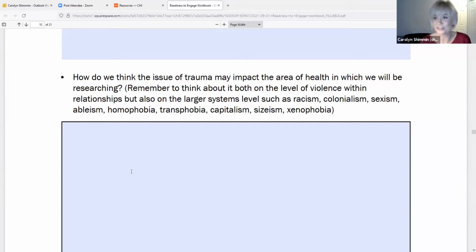Even things like surgical processes and restraints may trigger people. So just be open to the idea of thinking through how trauma may impact people in this area of health, and thinking about how you might be able to address that.